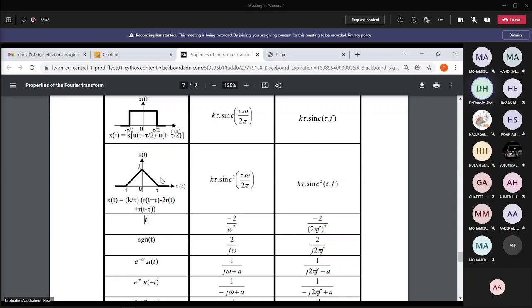Let's modify the question a bit: not only find x of t, because finding x of t is directly from the table. So let me say here: to show.